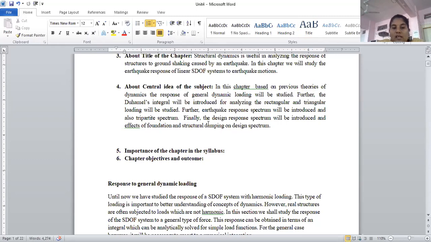Further, Duhamel's integral will be introduced for analyzing the rectangular and triangular loading.